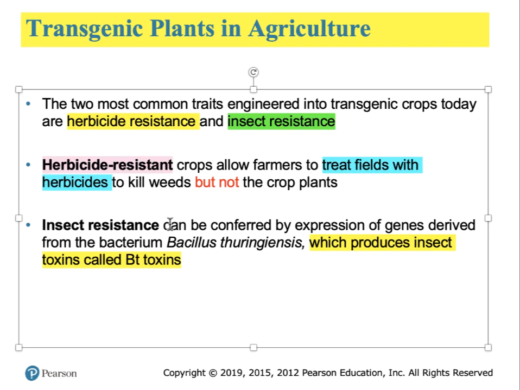Likewise, insect resistance can be conferred by tapping into a natural bacterium, Bacillus thuringiensis, which produces a toxin called Bt. And if you express that toxin in the plant, it acts as a natural insecticide.